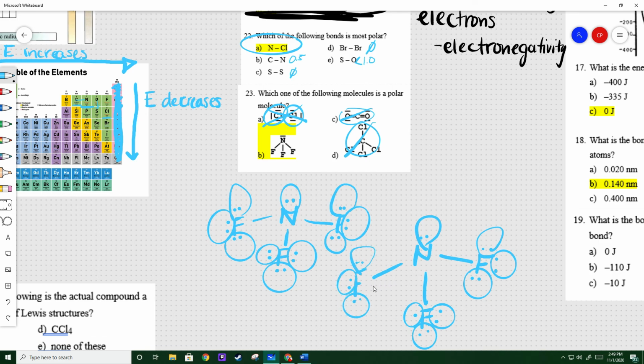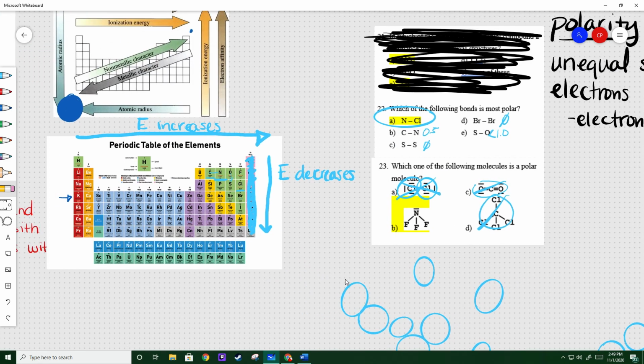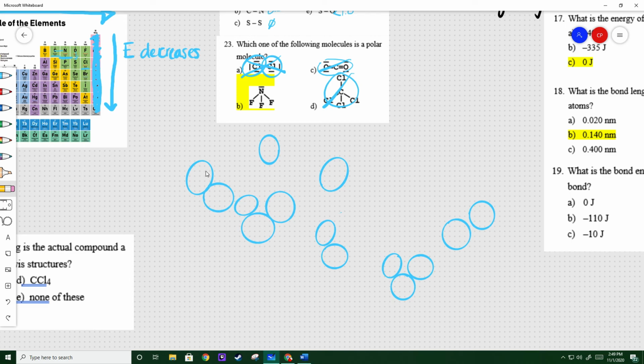You see I have more electrons down here than I have on this nitrogen. So that's why we have some polarity here. And that's how you would know.